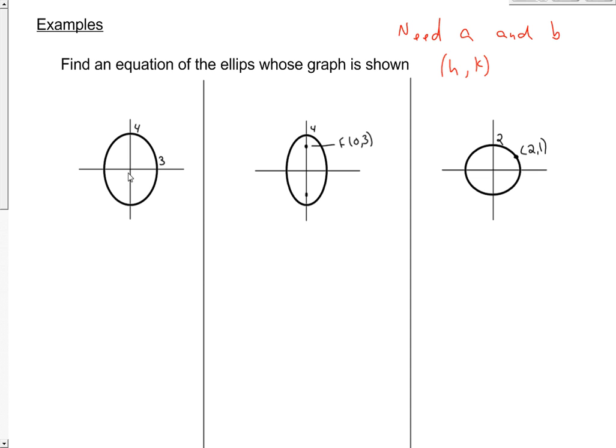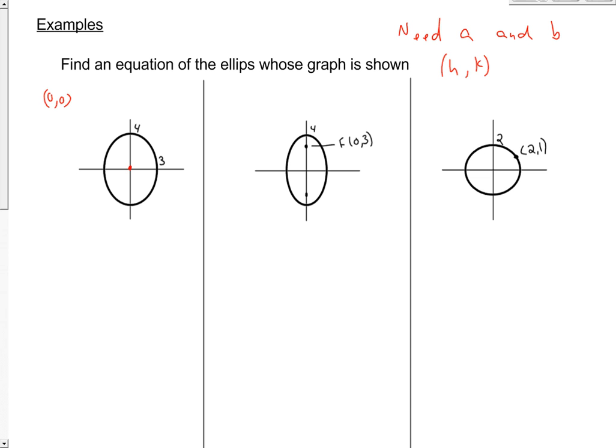Our center is at the origin, so that's 0, 0. So H and K, we're not adding anything to the X and Y. Our A value is the longer length from the center on the longest axis.